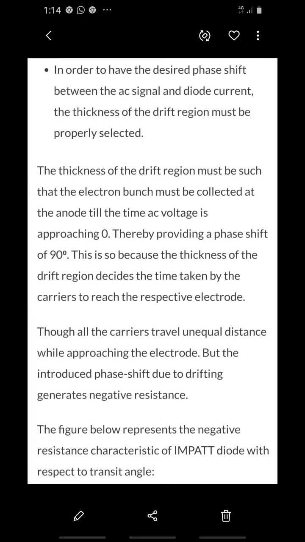In order to have the desired phase shift between the AC signal and the diode current, the thickness of the drift region must be properly selected.